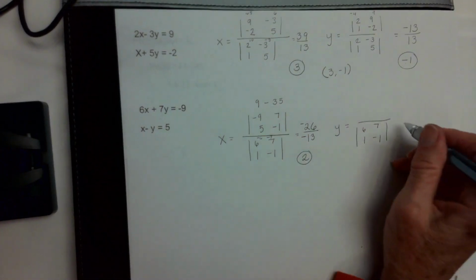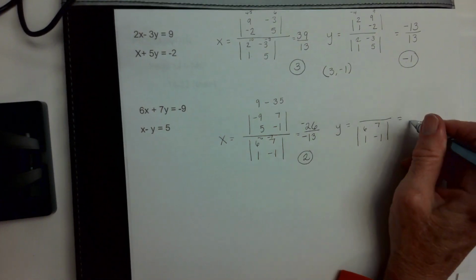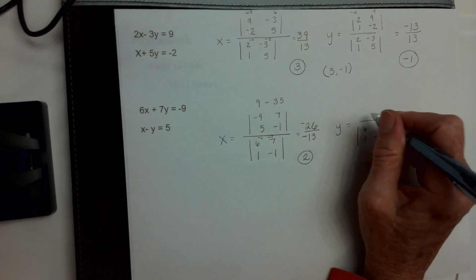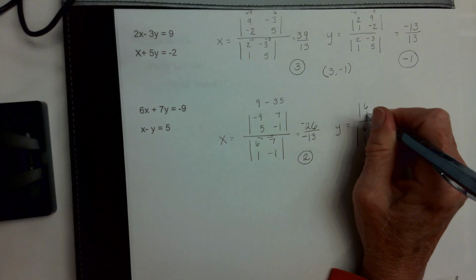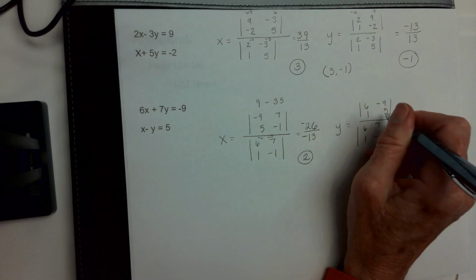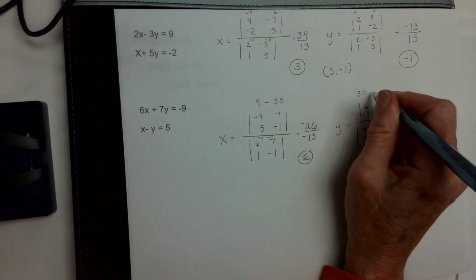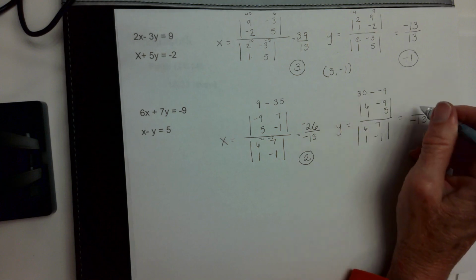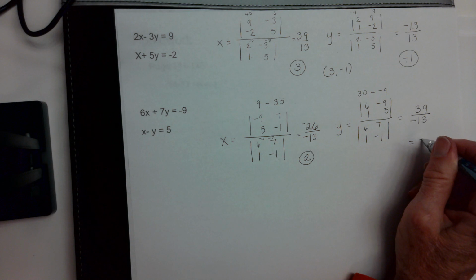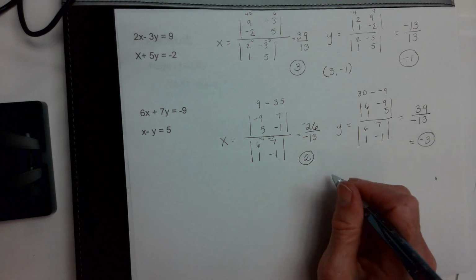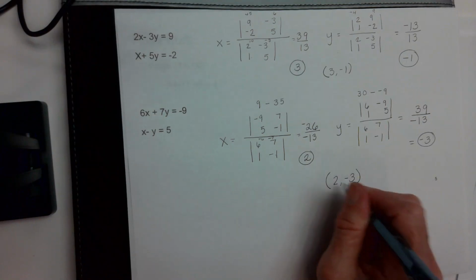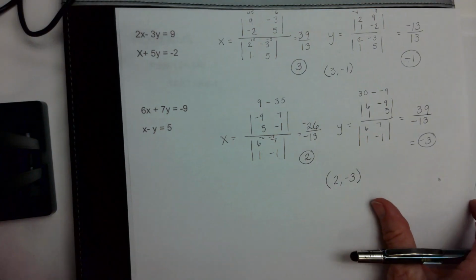And then over here, again, if I did it right here, I know that I have negative 13 on the bottom there. And I'm going to have first and last. So 6 over 1 and negative 9 over 5. I find the determinant, so I have 30 minus a negative 9. So I have 39 on the top, which is going to give me a negative 3 on the bottom. So my ordered pair, or the solution to this, is 2, negative 3.